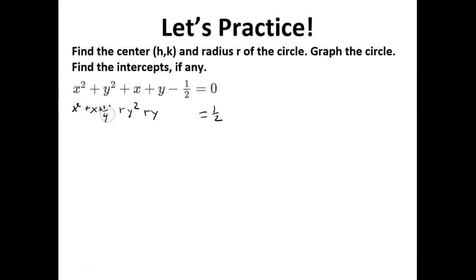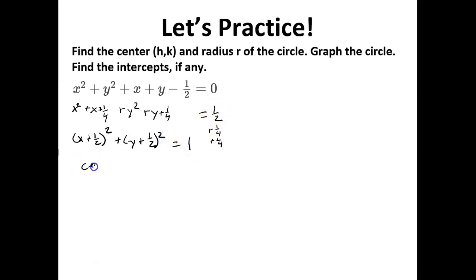So if I add 1/4 to this side, I have to do it to the other side. Same thing here, half of 1 is a half, squared is 1/4. So I'm going to have to move it over to the other side. Here, I've completed the square. This is x plus 1/2 quantity squared plus y plus 1/2 quantity squared is equal to, over here, 1.